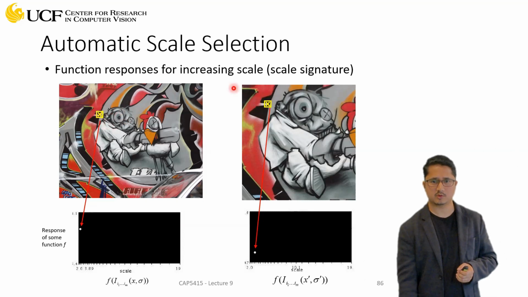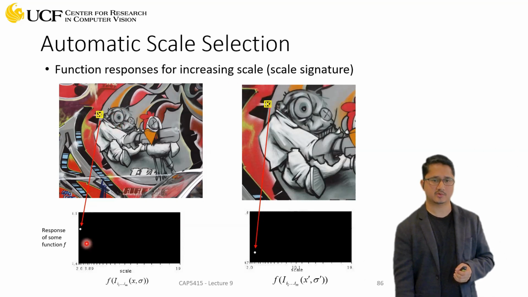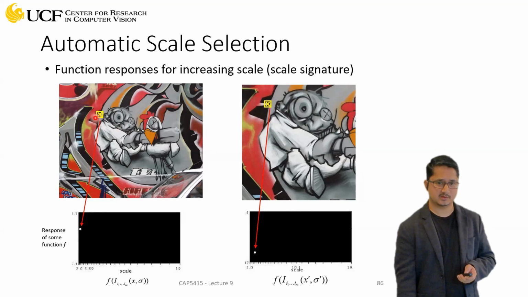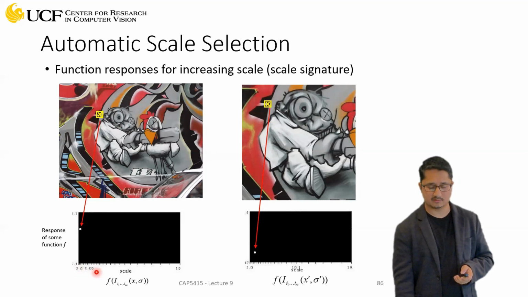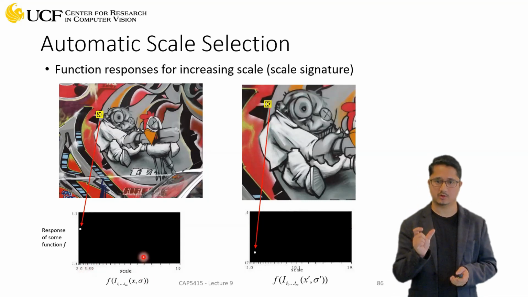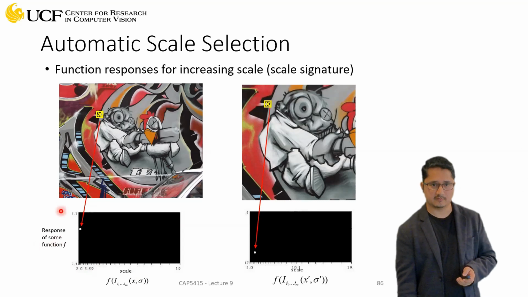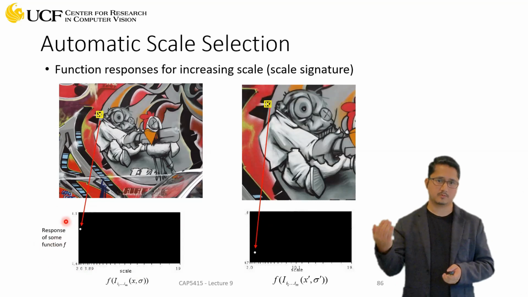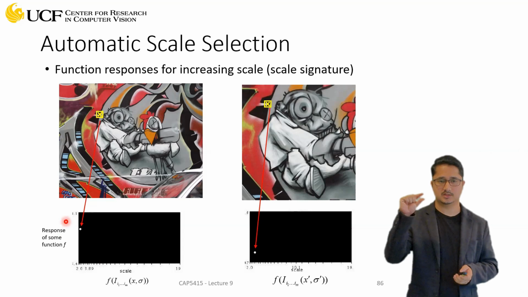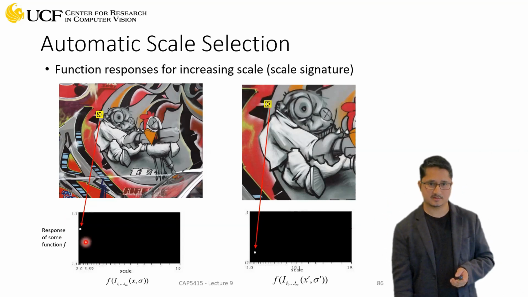So we start with a very small bounding box, and we try to capture the response. On the x-axis, we have the scale, which gives you the size of the bounding box. And on the y-axis, we have the response from the filtering operation, whether the filter is actually matching with the image patch or not. That's the white dot over here.